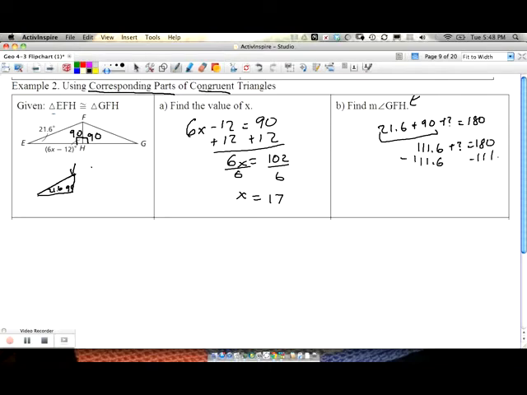So when I do this subtraction, we would get that that top angle is actually going to be 68.4 degrees. 68.4 degrees. And that's going to be the same as the top angle in the other one. Why? Because they're congruent and the congruent pieces match each other. So we're just trying to match the pieces up so that we can solve for their values.